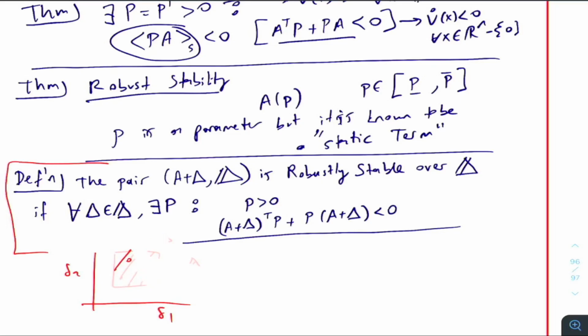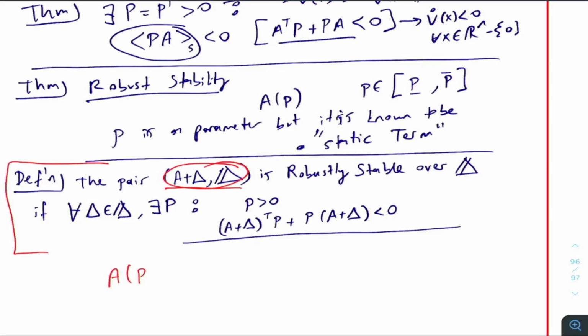And let me get rid of this, and here is the definition. The pair, this pair, and this is the type of notation where we have A, but A is parameterized by some parameter, right?